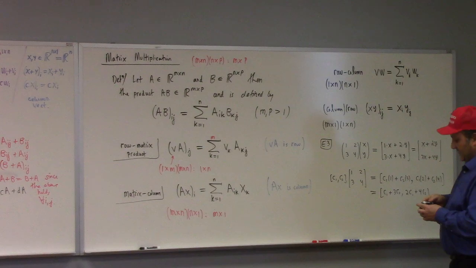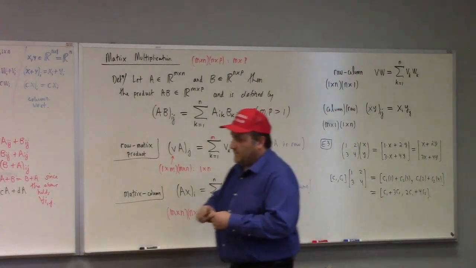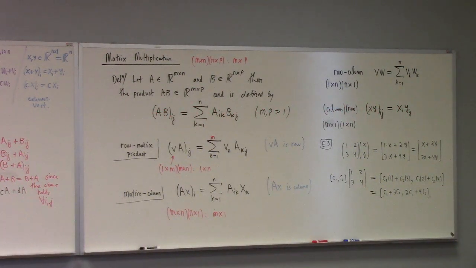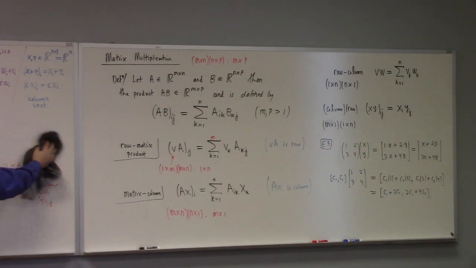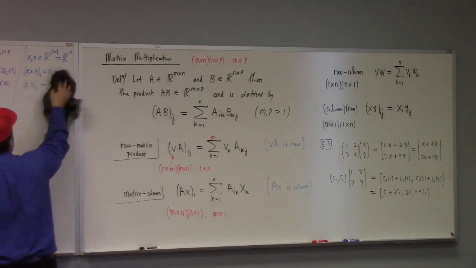I'm out of space here, so I better move over. We can take two vectors and take their dot product and get a number.